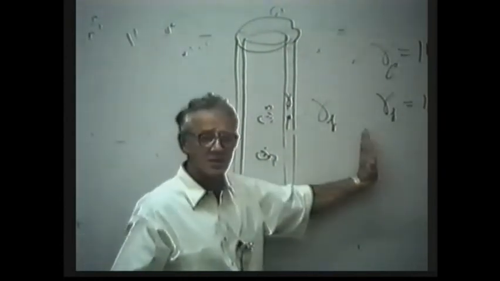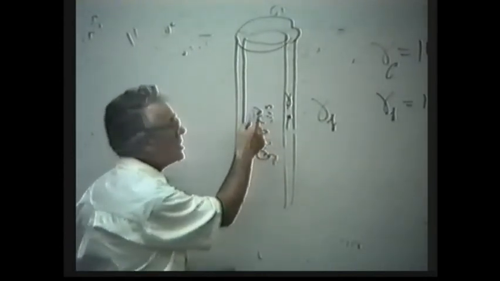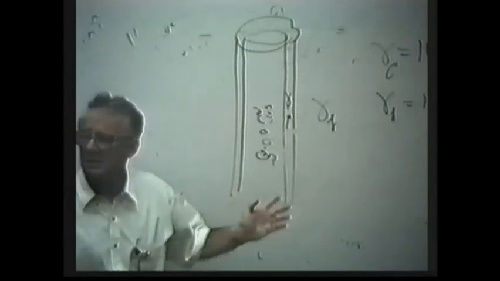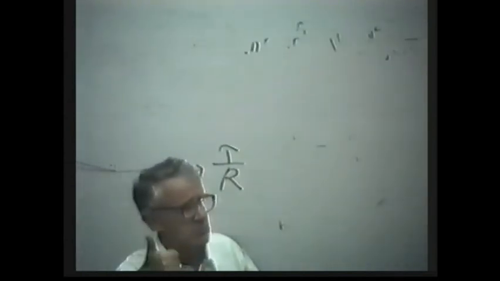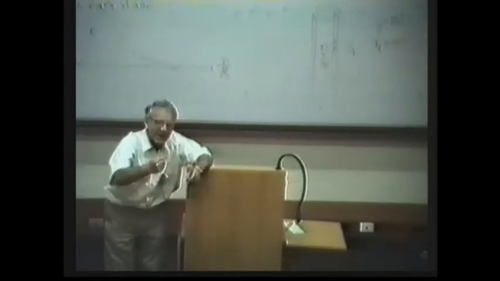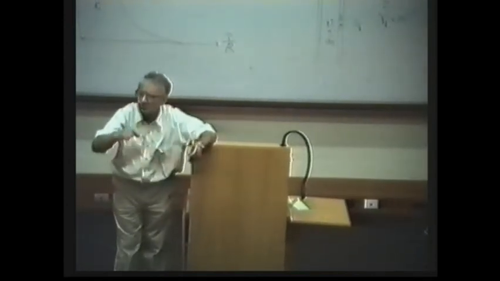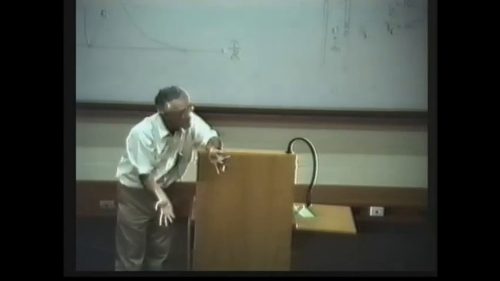You have currents somewhere here, you can measure here, it doesn't matter. You will get information about the resistivity of the formation. So this is a method which is in principle independent of the separation between transmitter and receiver.